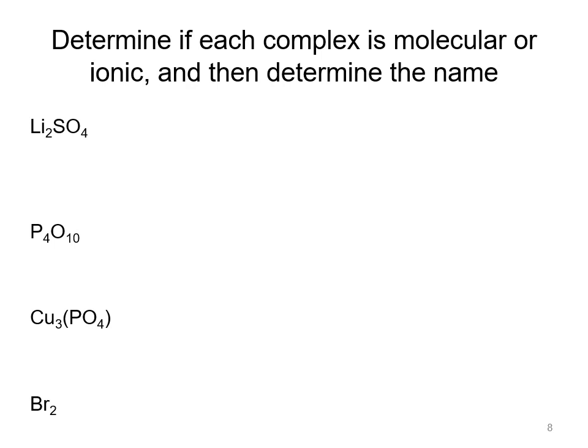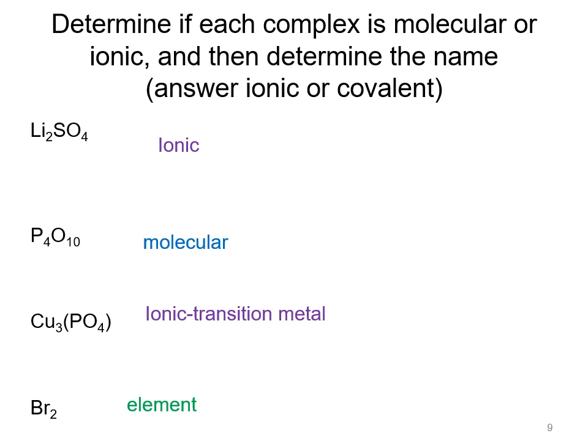Let's do the same thing here. Determine the type of each compound and then name it accordingly. Li2SO4, lithium paired with a polyatomic ion, so that has to be ionic.